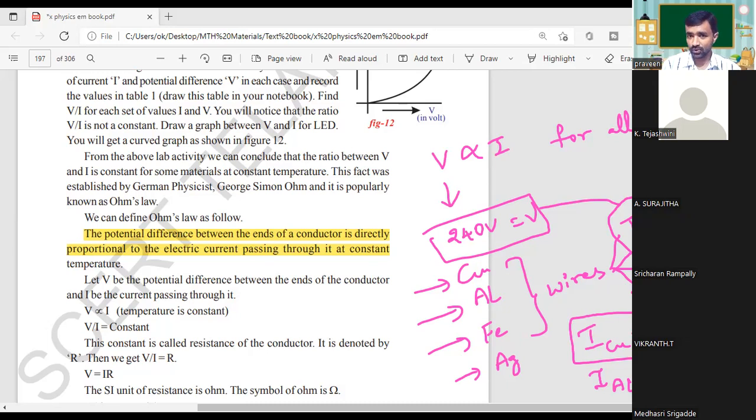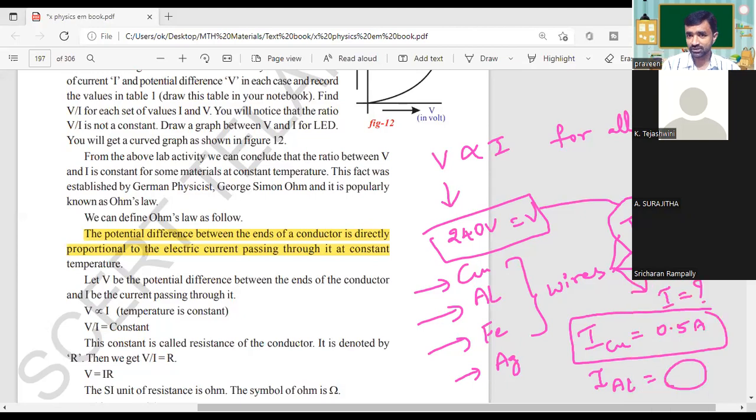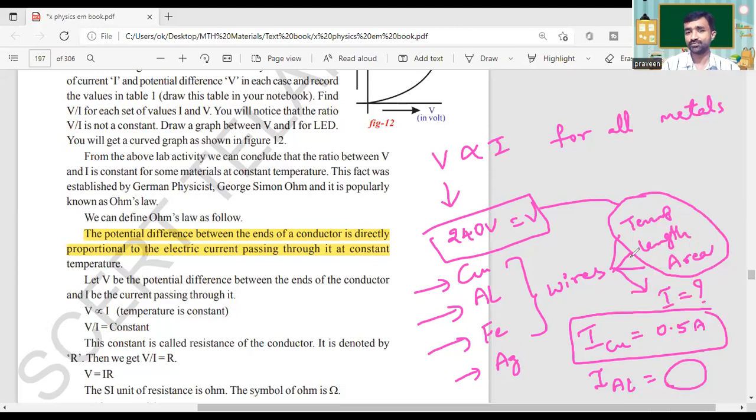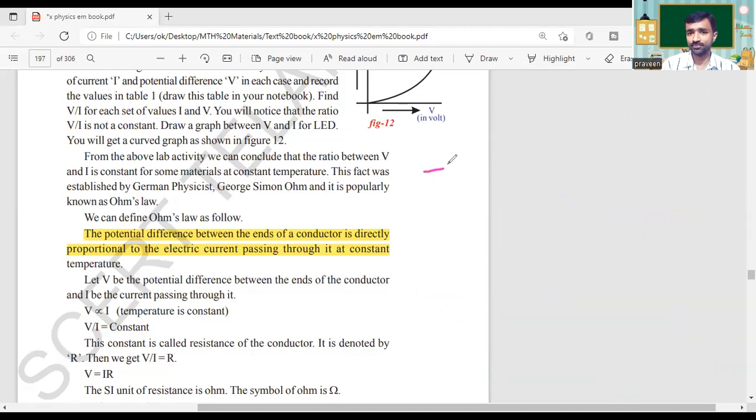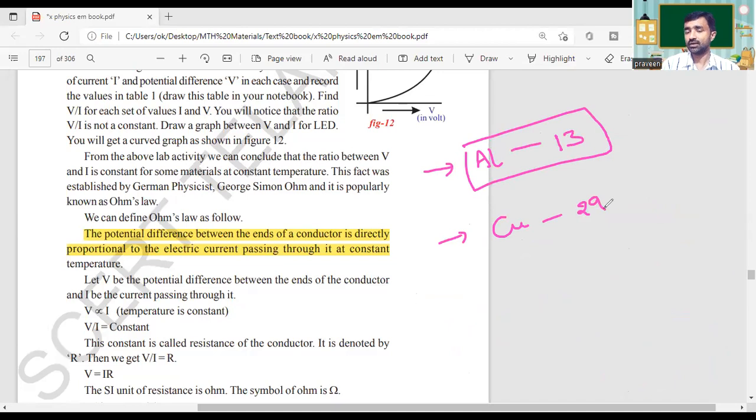Do you know the atomic numbers of these elements? Suppose I am asking you about aluminum and copper. What is the atomic number of aluminum? Aluminum's atomic number is 30, and copper's atomic number is 29.